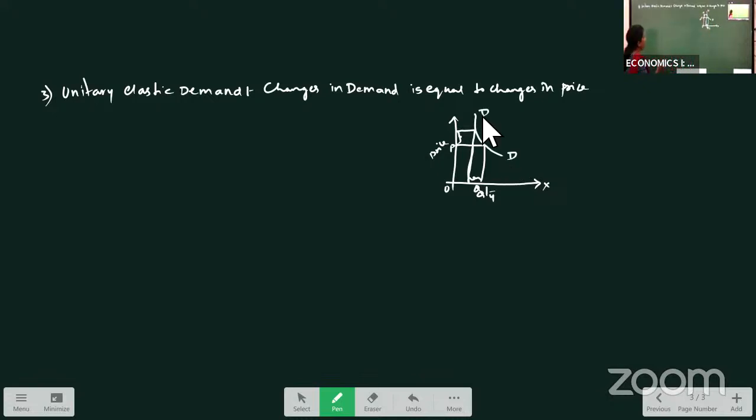Here you can write price elasticity value is equal to 1. The value of elasticity, change in demand by change in price, we will get as 1. In that case, we call it unitary elastic demand. P1, Q1: Q1 change is equal to P1. So this way we have unitary elastic demand.